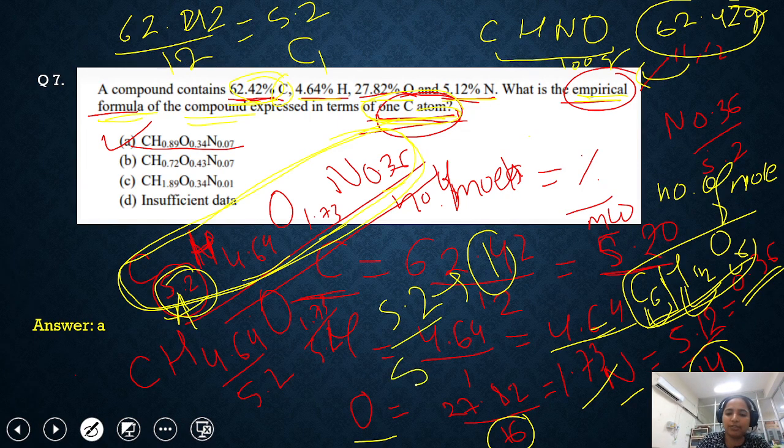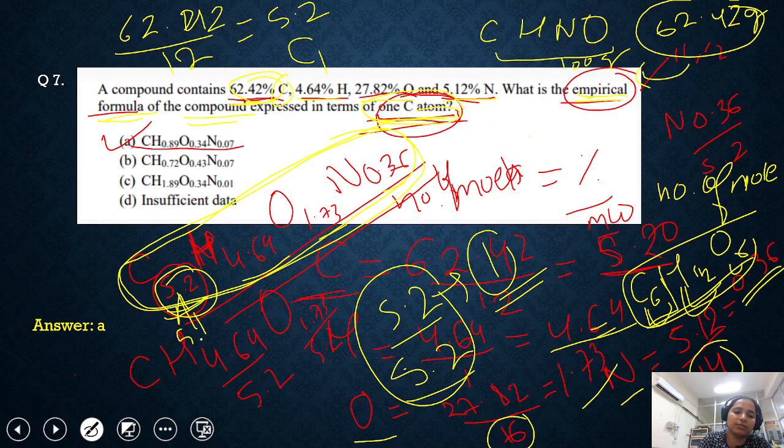When you divide 5.2 by 5.2, it will be 1. But when you divide the number of carbon, it changes the formula, so for balancing, we also divide all the other values by 5.2.